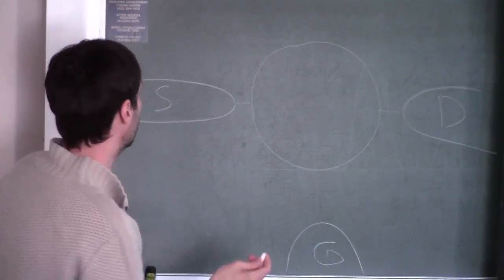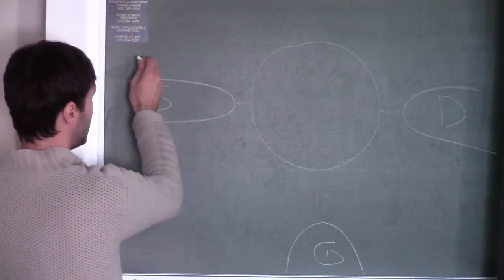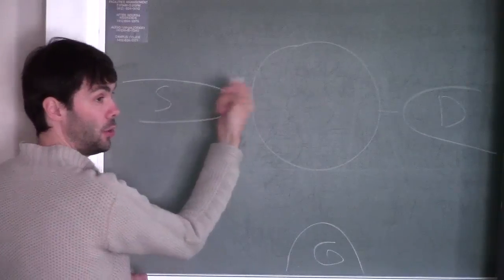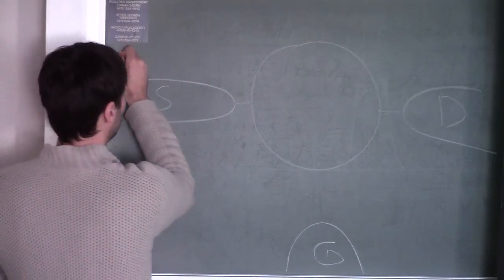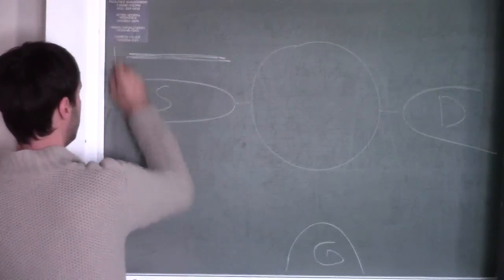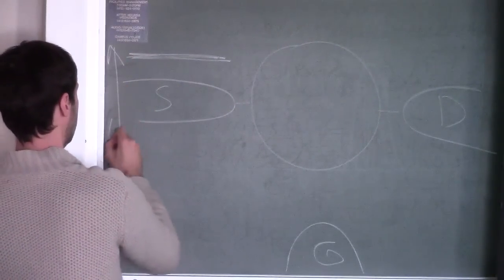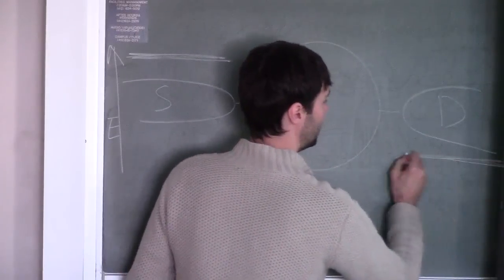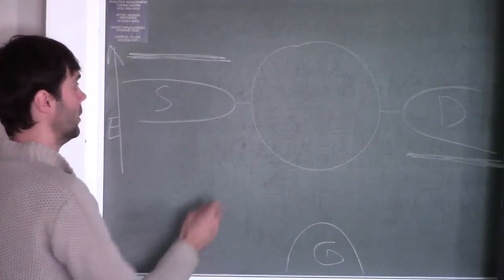So okay, first of all, in the source and in the drain I can define chemical potentials, and they don't have to be equal. For example, a chemical potential here, now this is also an energy scale. I can draw it here, and the chemical potential on the drain can be lower.